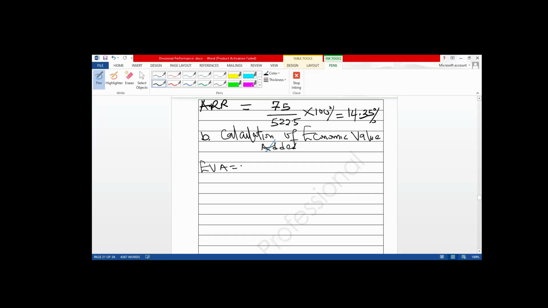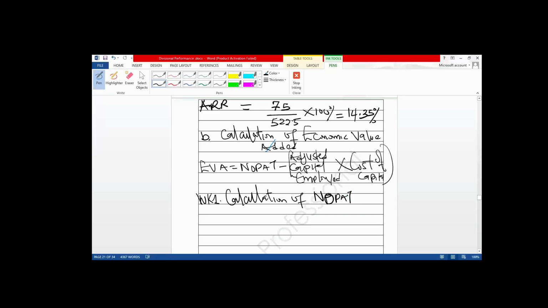Net operating profit after tax minus capital employed multiplied by cost of capital. Working one, calculation of net operating profit after tax.